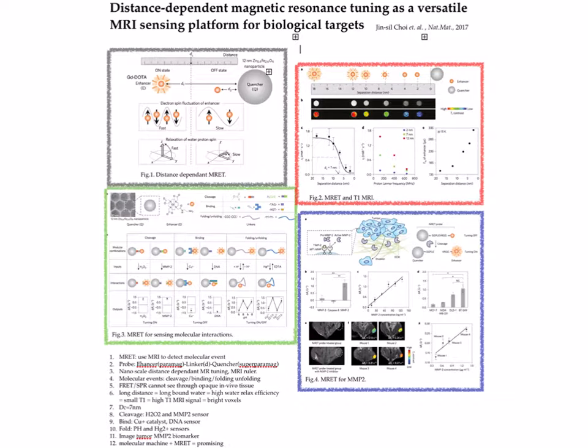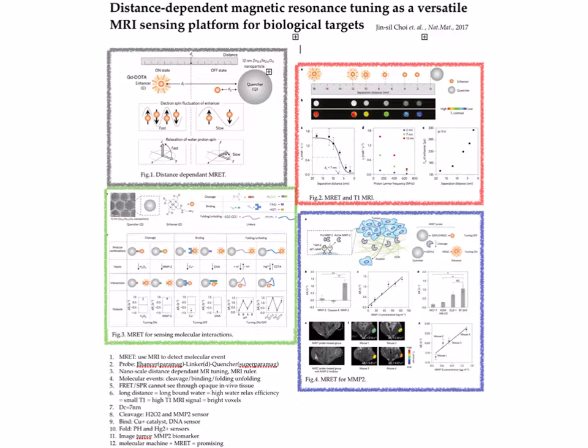So how to detect MMP2 is very important, and here the author gave a special probe, they call it the MRET probe. The MRET probe has a special sequence, PRGVR, in between, and on the two ends a quencher and an enhancer. You can inject this probe into the tumor.